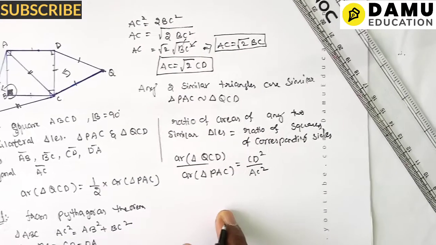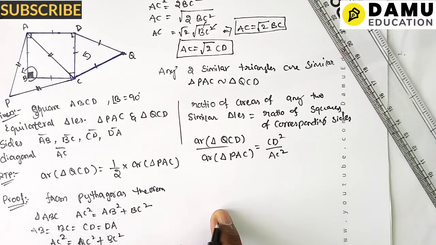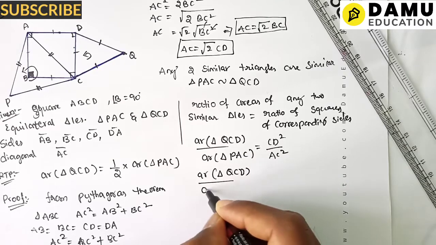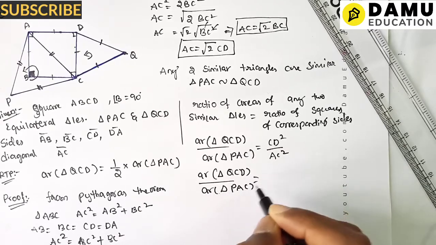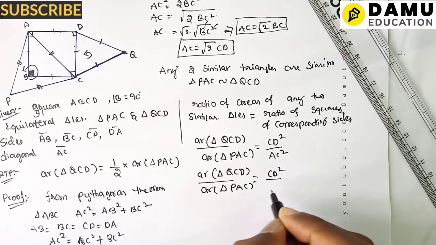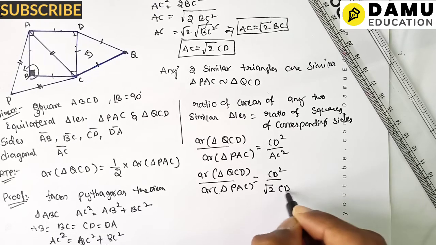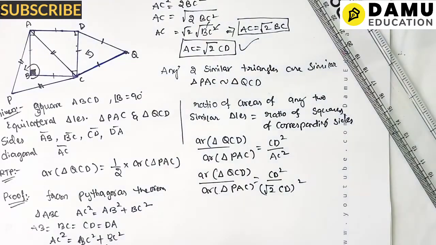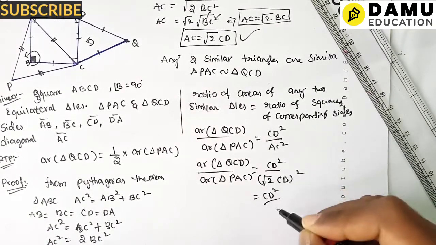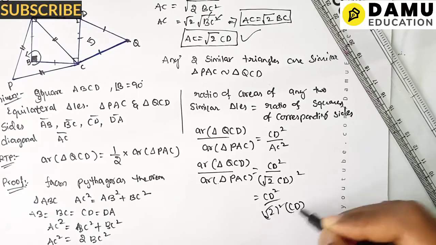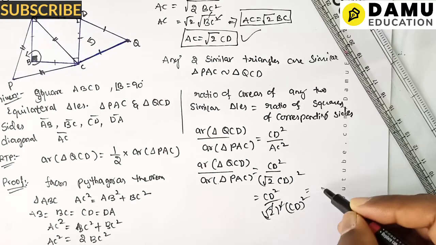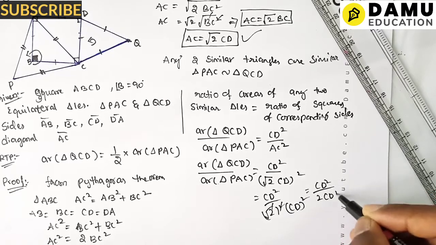So let's substitute all the values here. If you substitute, what answer will we get? Area of triangle QCD by area of triangle PAC will be equal to, in the AC place, you have to substitute root 2 CD. So CD square divided by root 2 CD whole square, that is CD square by 2 CD square.